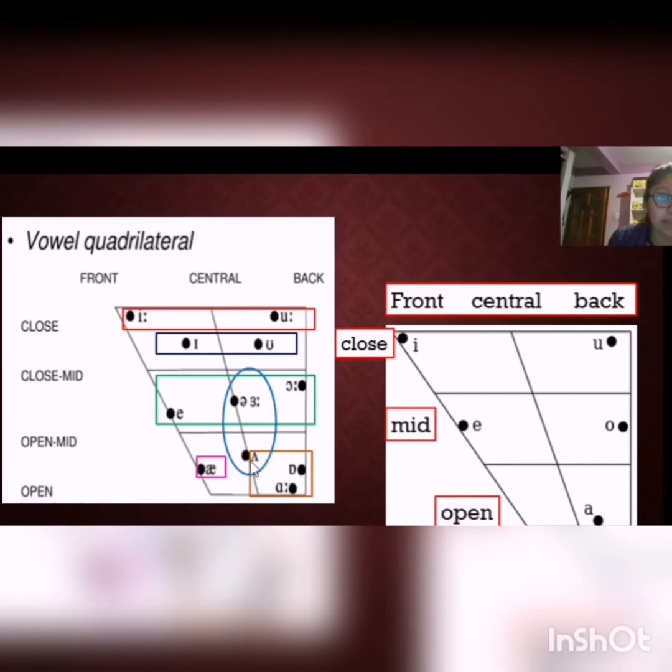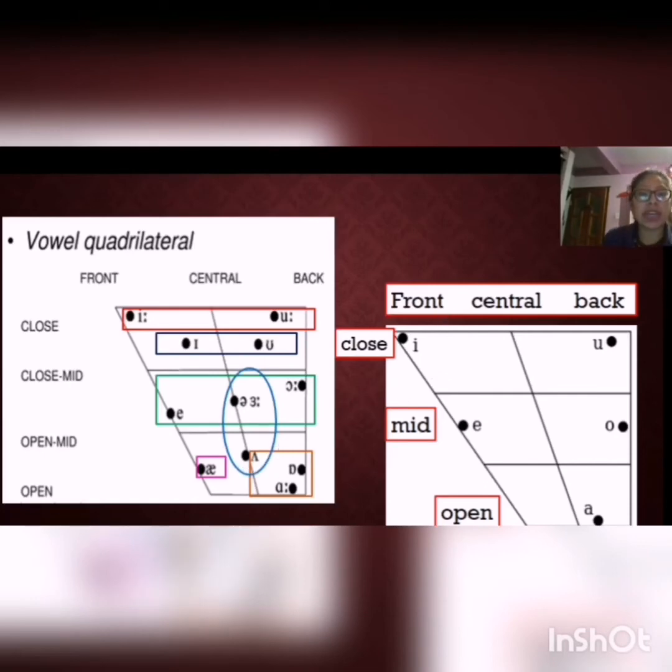Finally, we have the other two that are open vowels too. So let's recap. These are front vowels, and these are back vowels. And the central vowels are those which are inside this circle in blue.